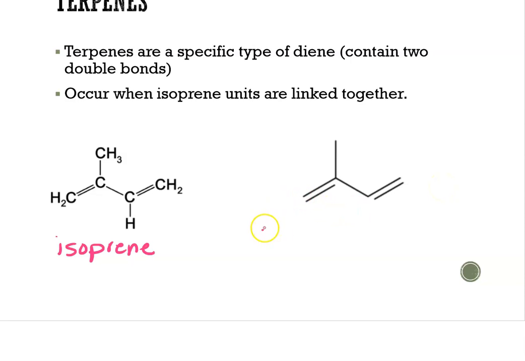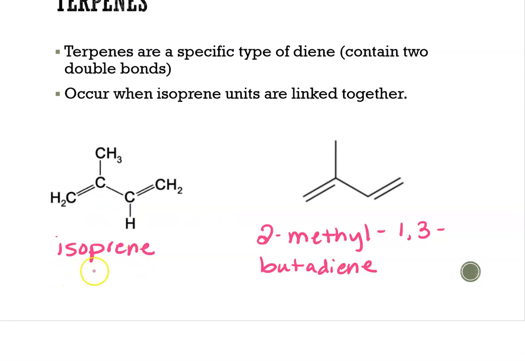The actual name for the isoprene unit is 2-methyl-1,3-butadiene, but it's more often called isoprene. So when you take isoprene units and link them together, you make terpenes.